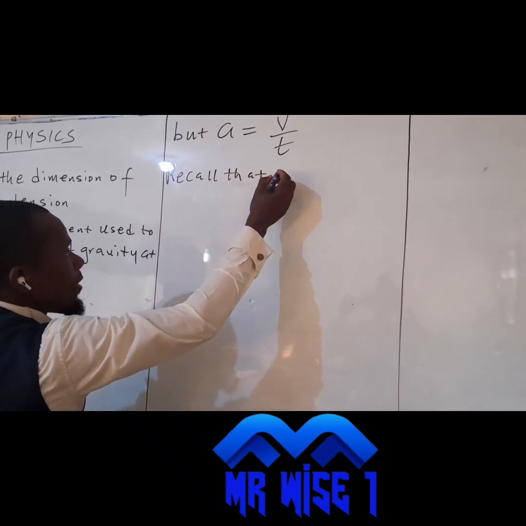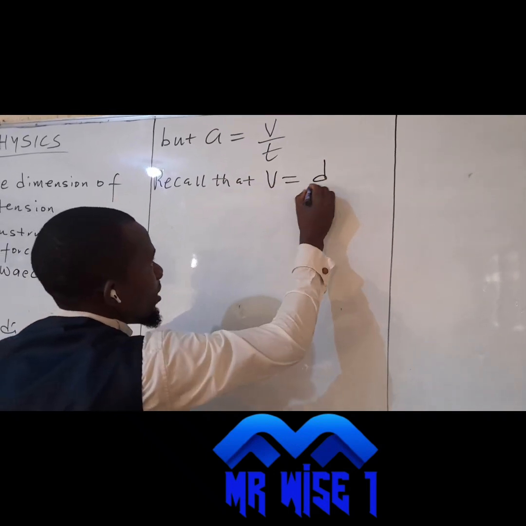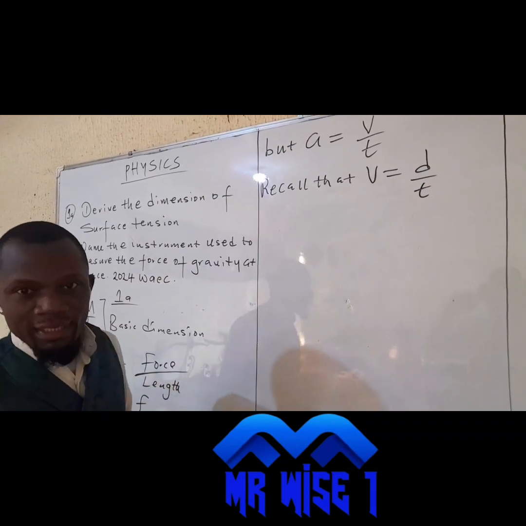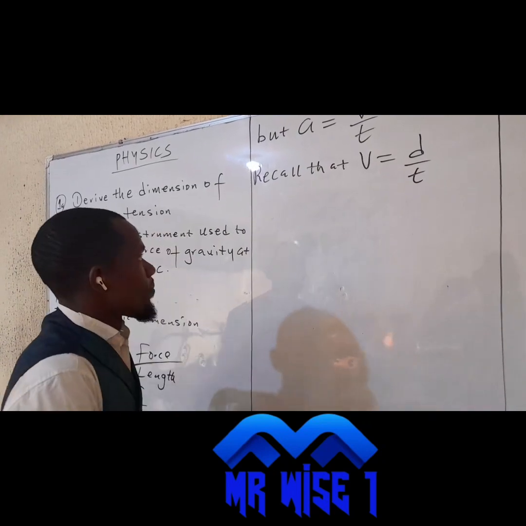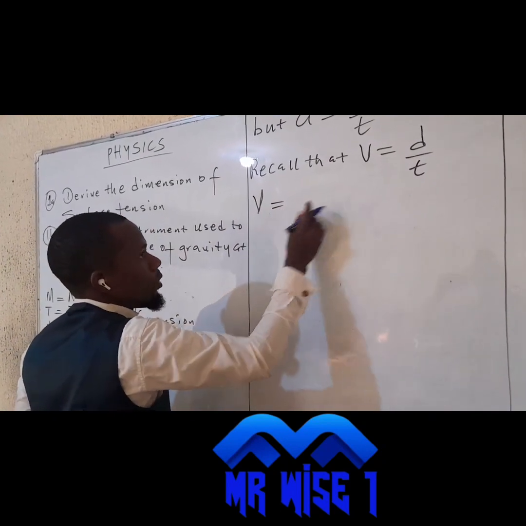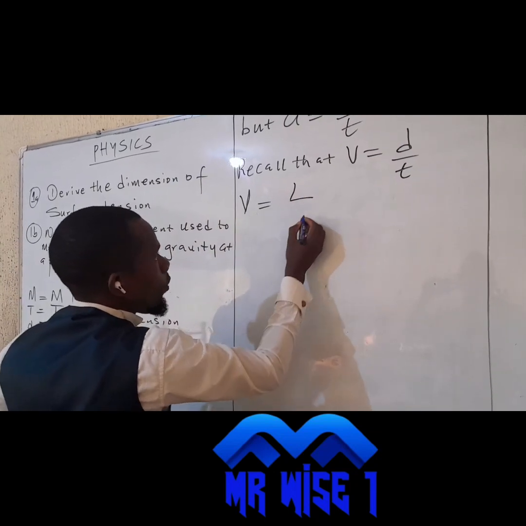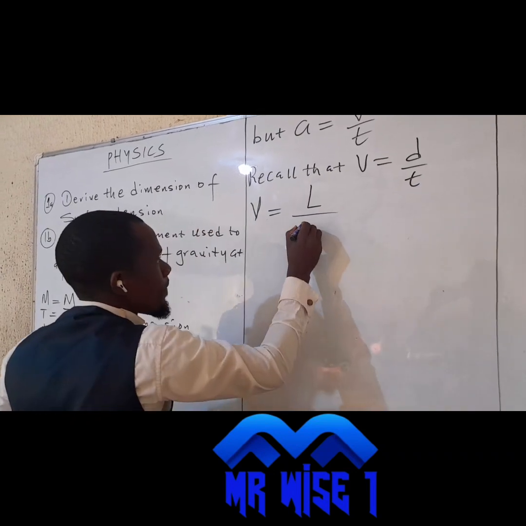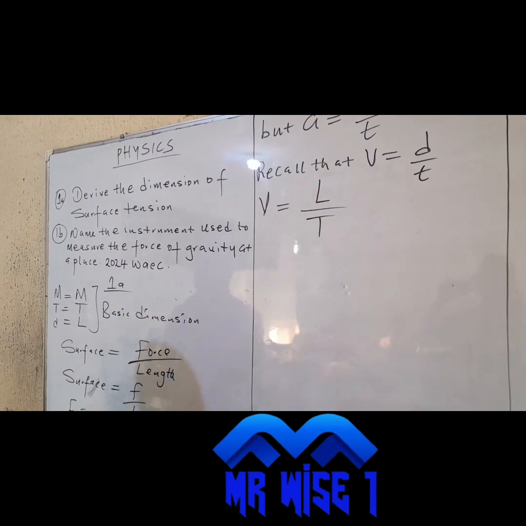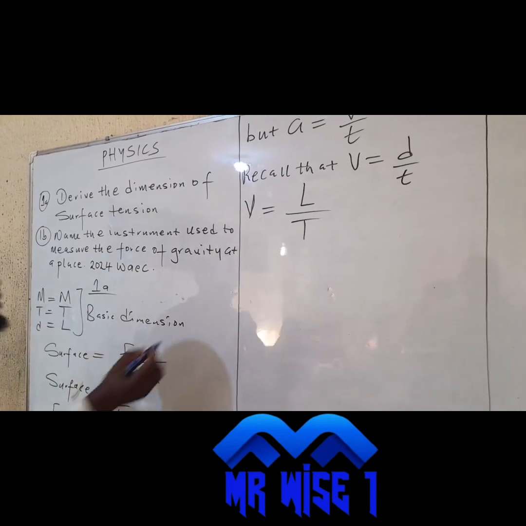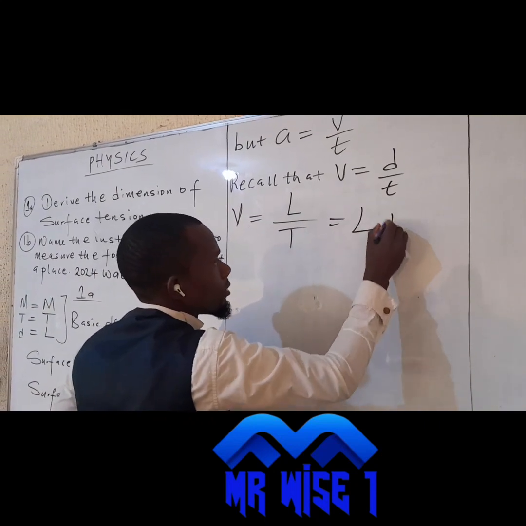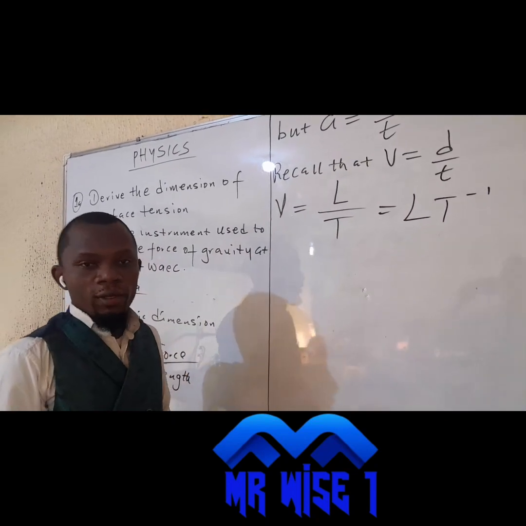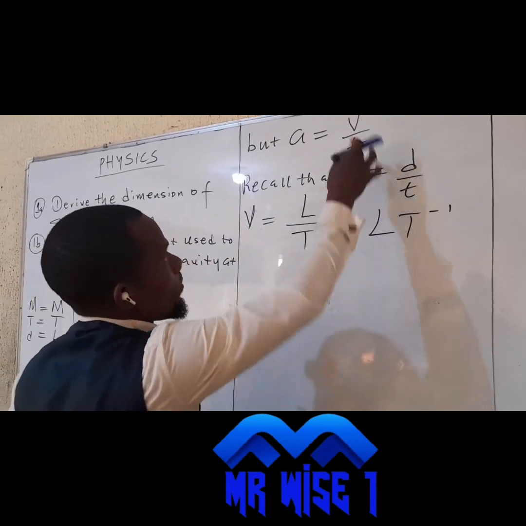Recall that my V is equal to displacement over time. Anywhere I see displacement, I'll put capital L, and anywhere I see time, I'll put capital T. So I have L T minus 1, because when you move this across, it changes the sign. So I'm done solving for my velocity.